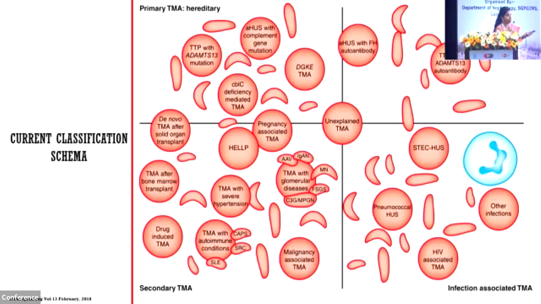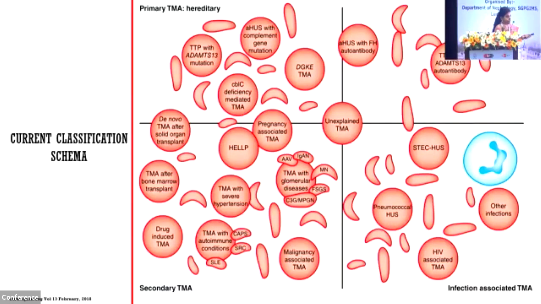When you come to the acquired, when you say primary TMA which is acquired, it means that there is presence of autoantibodies. So again here, it could be TTP, which has autoantibodies against ADAMTS13, or it could be atypical HUS, typically having autoantibodies against factor H. Again here, you should understand that this classification is not equivocal.